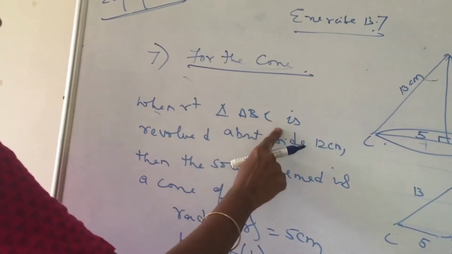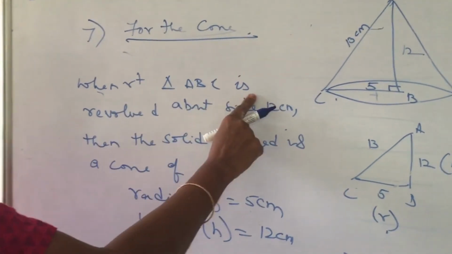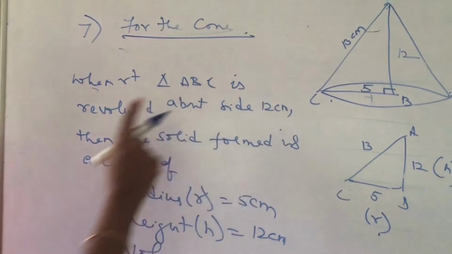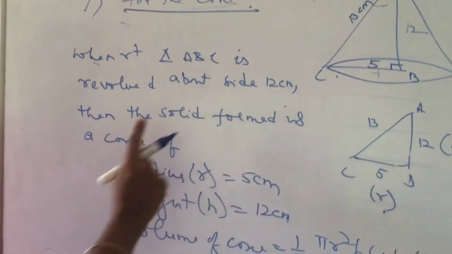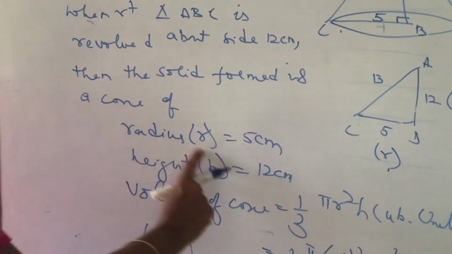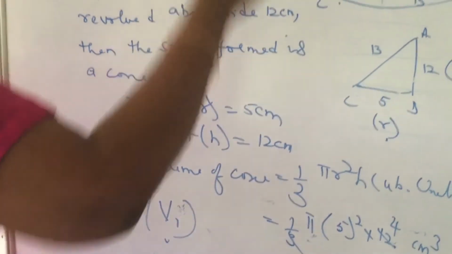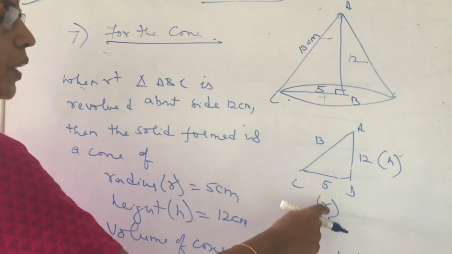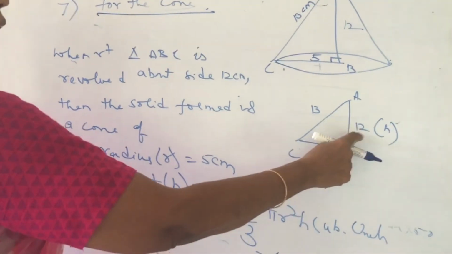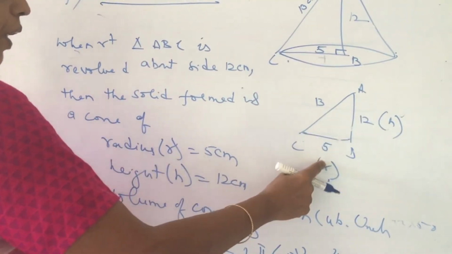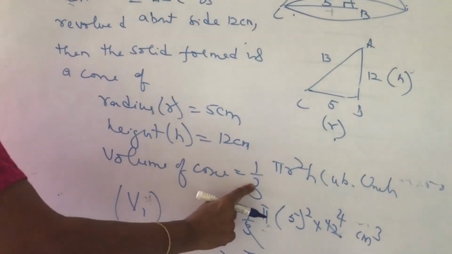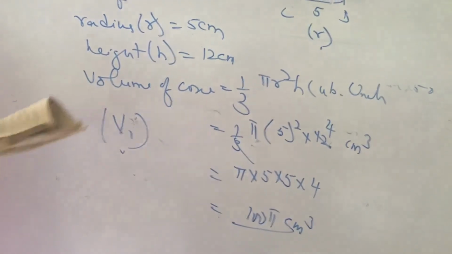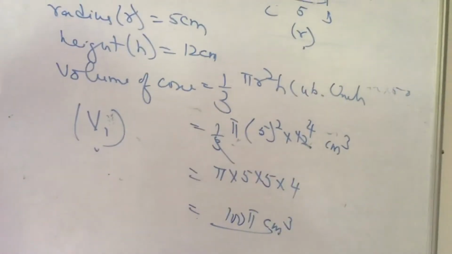Look at the board. The right triangle ABC is revolved about the side 12 centimeters. Then the solid formed is a cone of radius. On which side it is revolved, that becomes the height, and the other side is taken as a radius. So height is 12, radius is 5. The volume of the cone is 1 by 3 pi r square h cubic units, which is 100 pi. The next bit is sum.